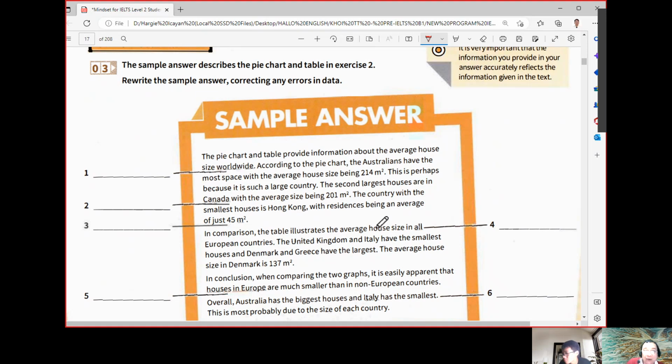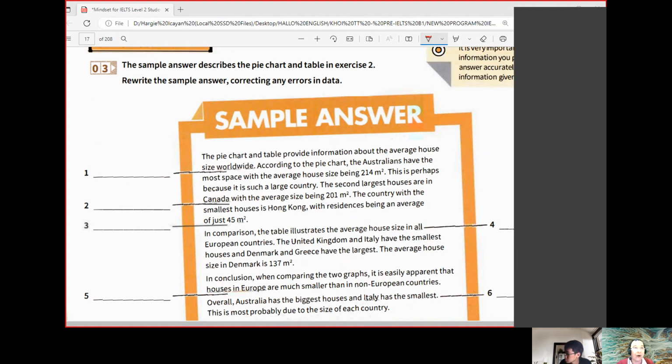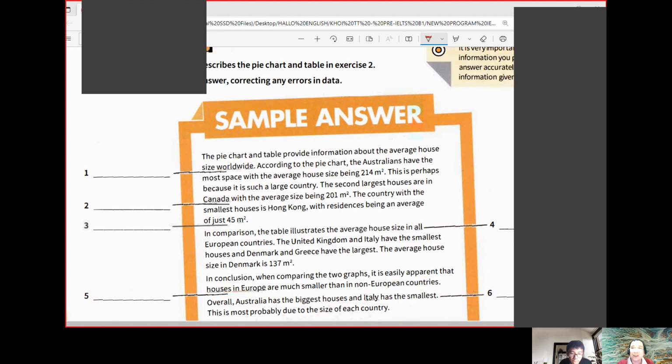The second largest houses are in Canada, with the average size being 201 meters. The country with the smallest houses is Hong Kong, with residences being an average of just 45 meters. So what do you think would be our answer in here? Do we have a wrong answer in here?